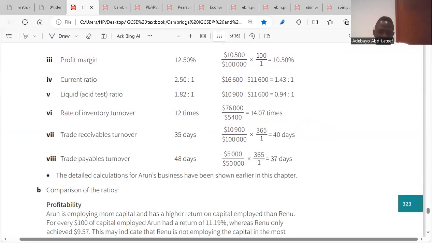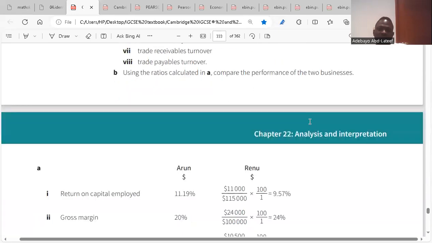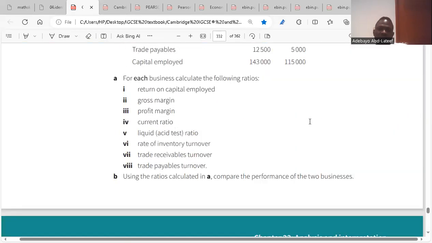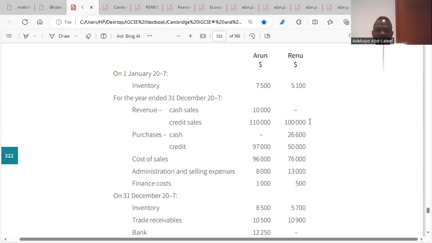There are incomplete records. Cash sales, credit sales. Here they said cash sales and credit sales. When you're calculating your revenue, it is 120. But when you have to calculate for trade receivables, you cannot use all the revenue.